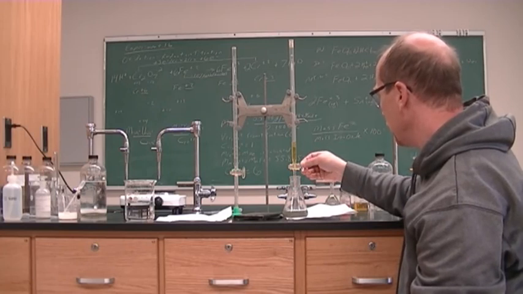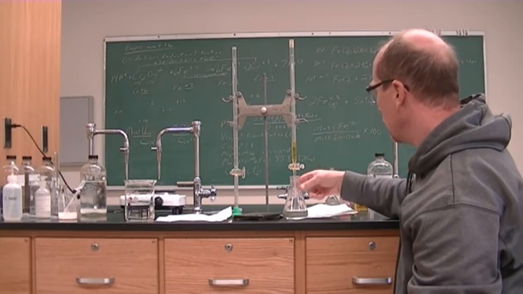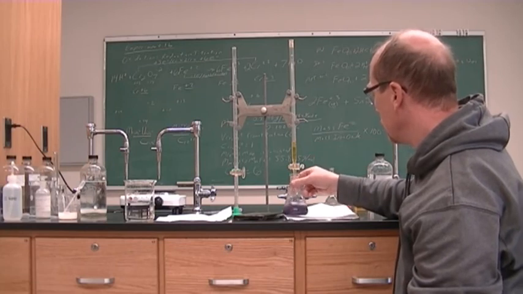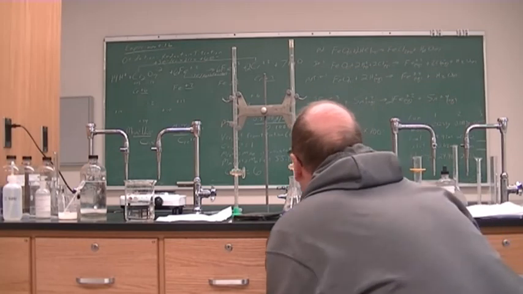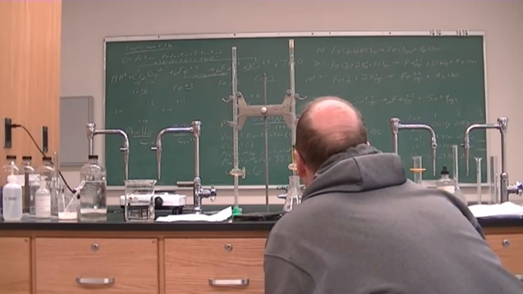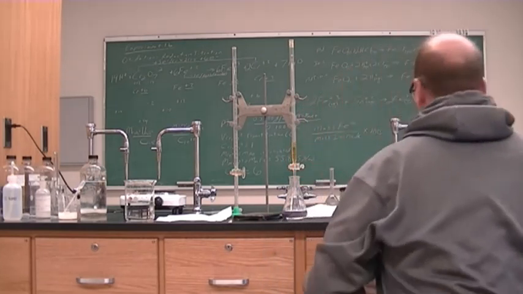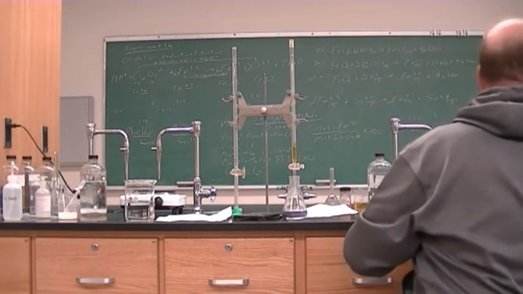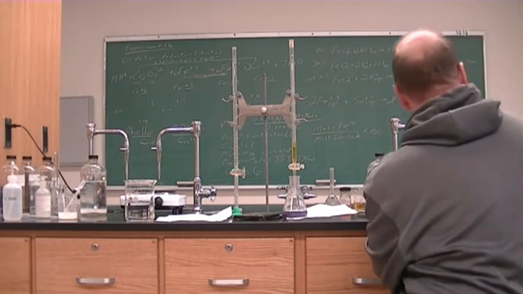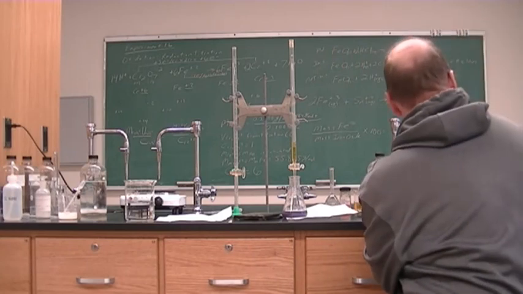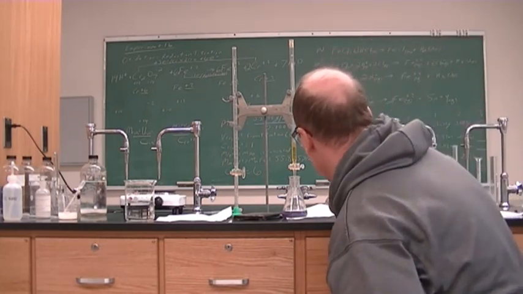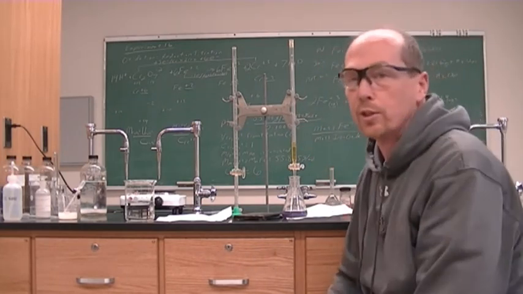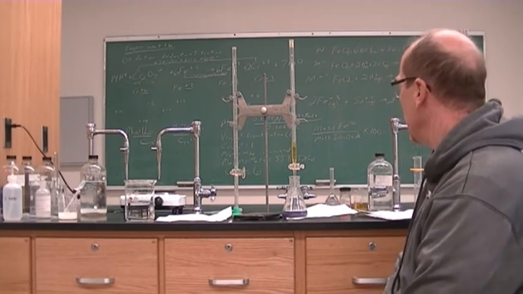One drop should do it. All right, so one drop turning purple, and our final volume is 23.49. And that is the titration of the dichromate with the iron oxide.